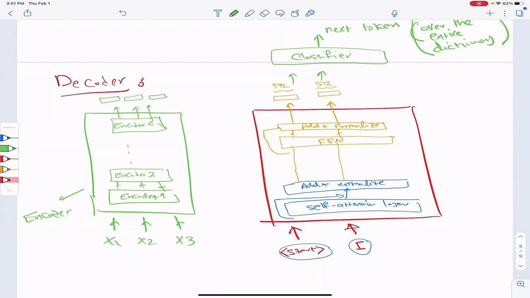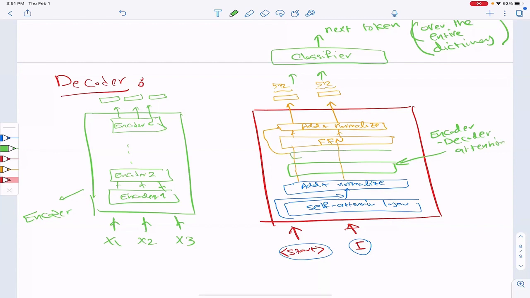Okay, and that's precisely what has been proposed. We add a layer called encoder-decoder attention. And obviously, we'll add residual connections and normalization as before.